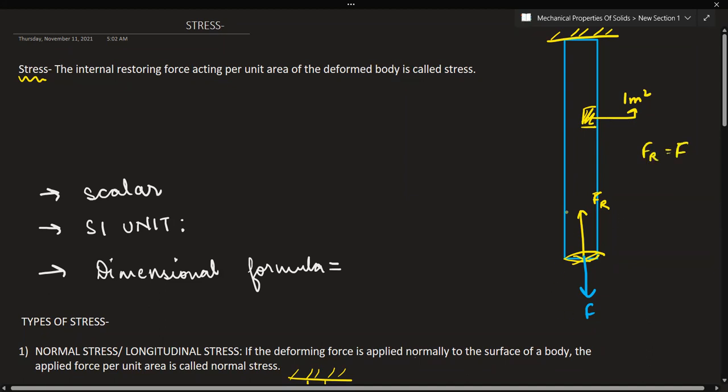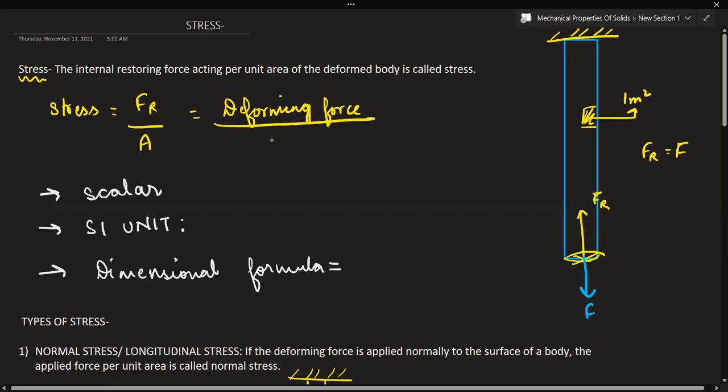So if we wish to write the formula for stress, this is the internal restoring force that has developed in the body per unit area. Or you can say this is the restoring force, or you can say the external deforming force acting on the area of the object. This is known as stress.